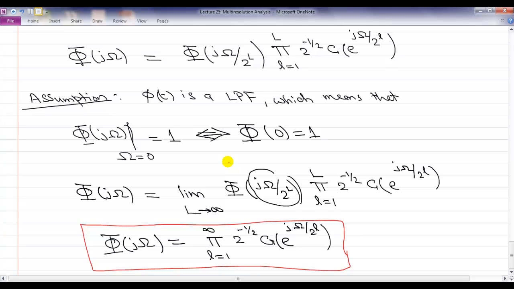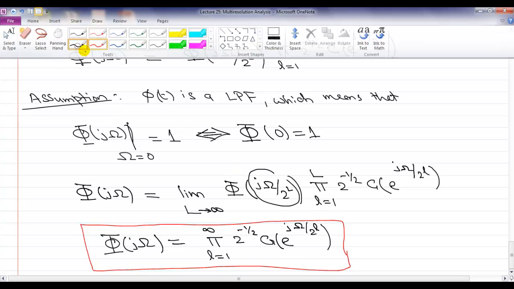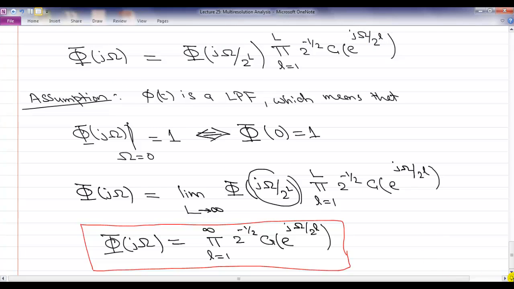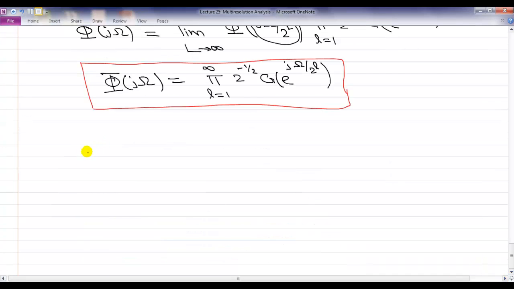We can think of any sequence as the impulse response of a filter, so we'll keep on talking about it as a filter. Okay, so this is our recursive relationship that relates the scaling function to the filter Fourier transform.